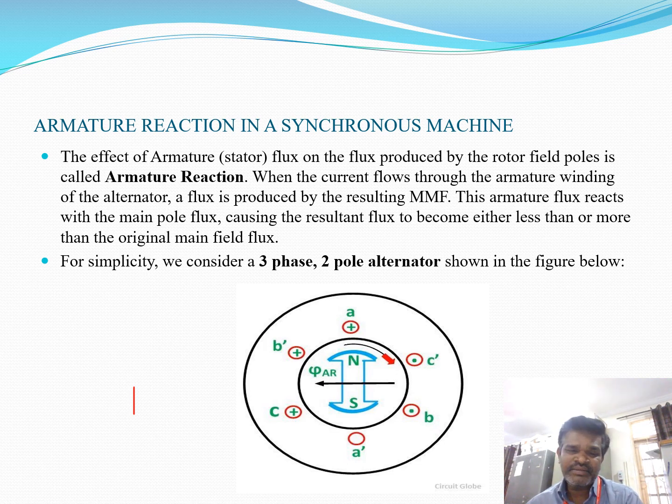For example, here I am considering a 3-phase 2-pole alternator. So these are the two poles, one is a north pole and the other a south pole. It is the rotor of the alternator and it is the stator of the alternator. The rotor of the alternator is excited with a small DC supply.